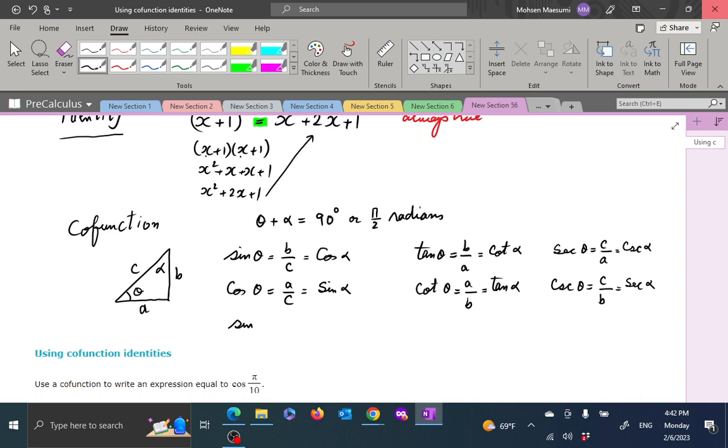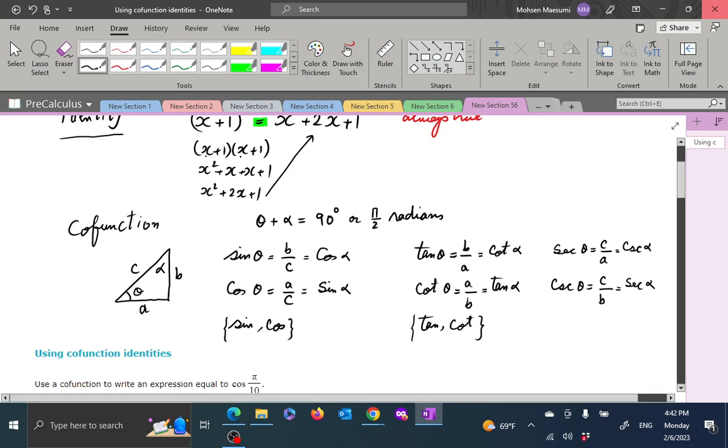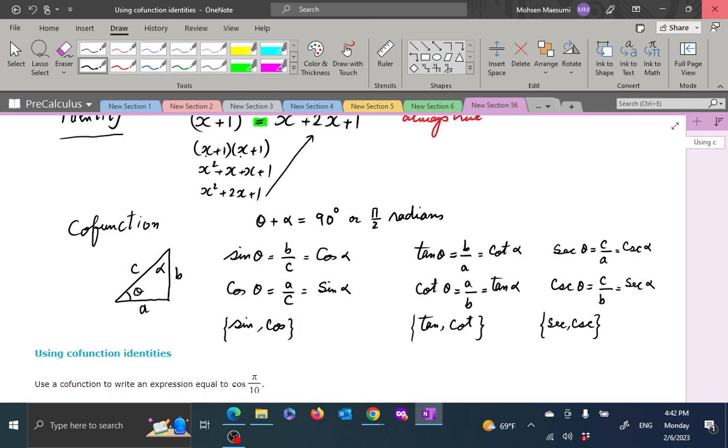So sine and cosine make a cofunction pair. In the same way, tangent and cotangent make a cofunction pair, and similarly secant and cosecant make another pair of cofunctions. And what we are saying here is that the cofunctions of complementary angles are equal.